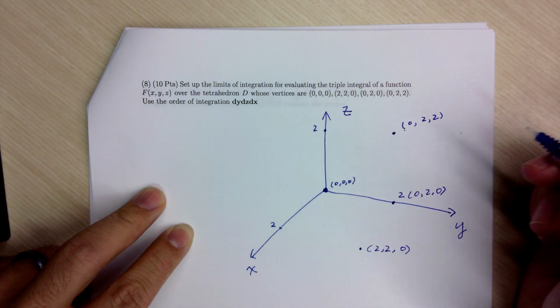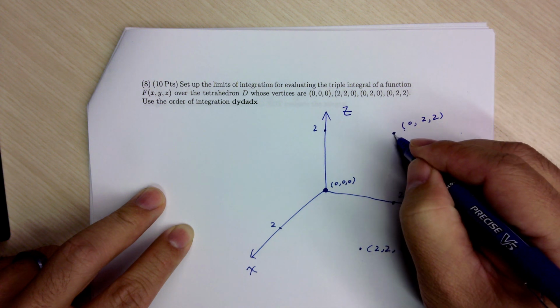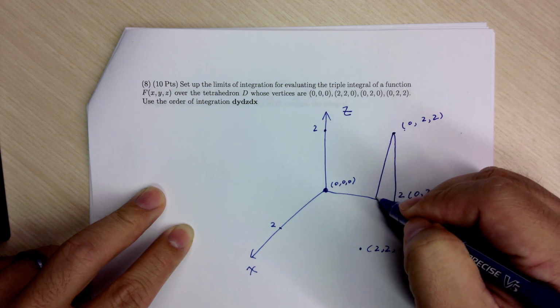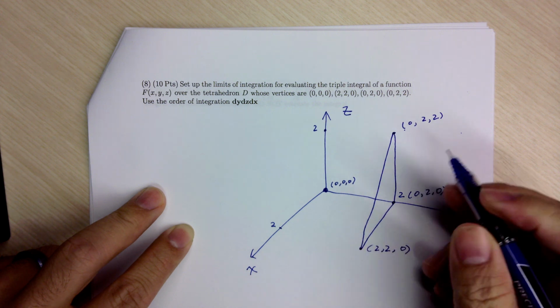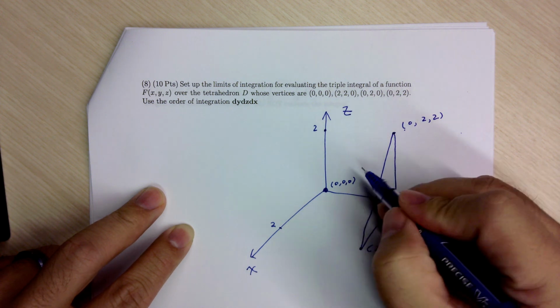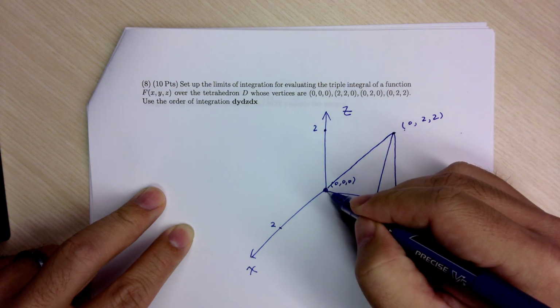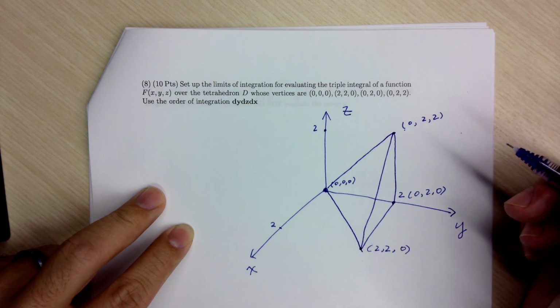Okay, so the tetrahedron, if we draw it, it's going to be something like this. Okay, so this is the tetrahedron.